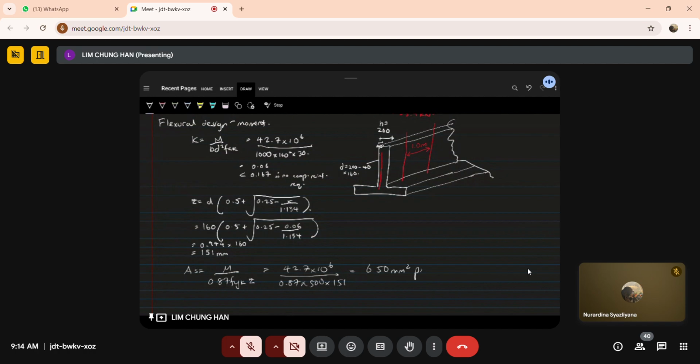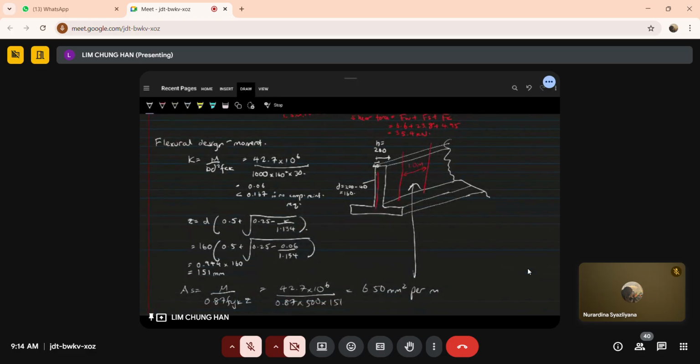But this is per meter. So every meter width of wall, you need 650 millimeter square of reinforcement. So that's the flexural part.